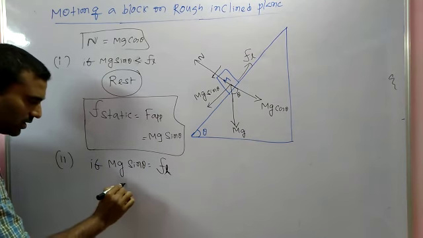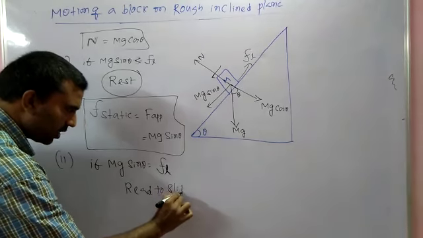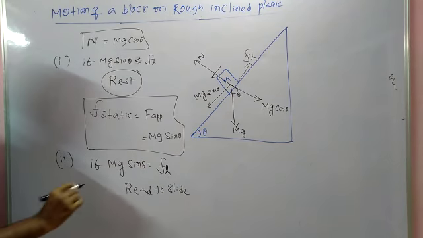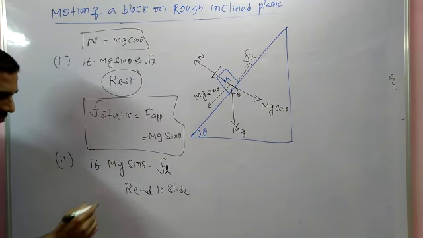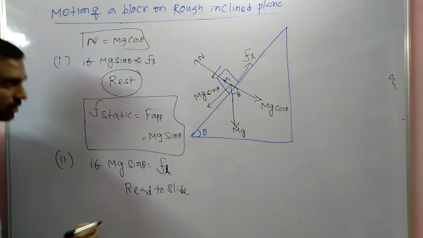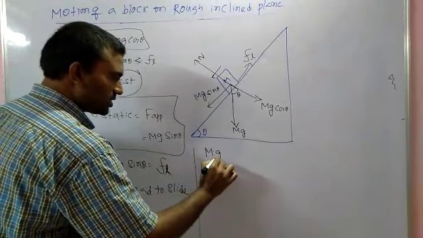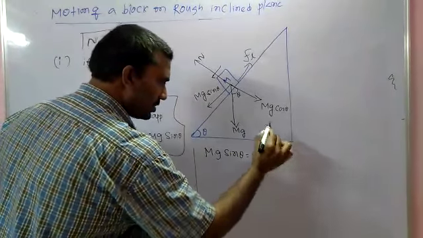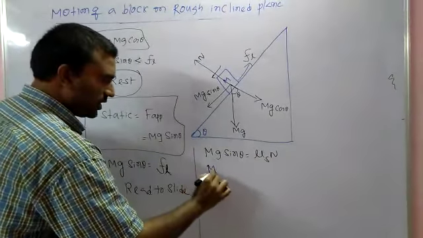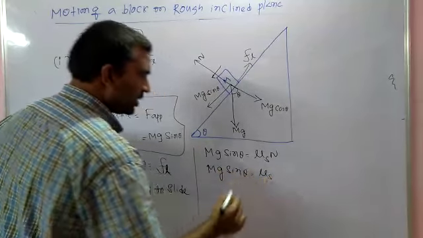In this case the block is ready to slide. Therefore mg sin theta is equal to limiting friction, which is mu s into N. So mg sin theta is equal to mu s into the normal reaction.